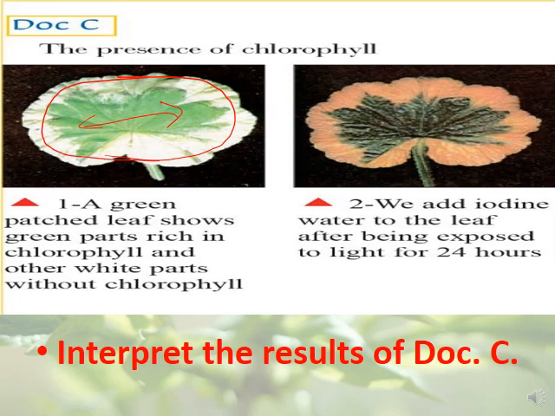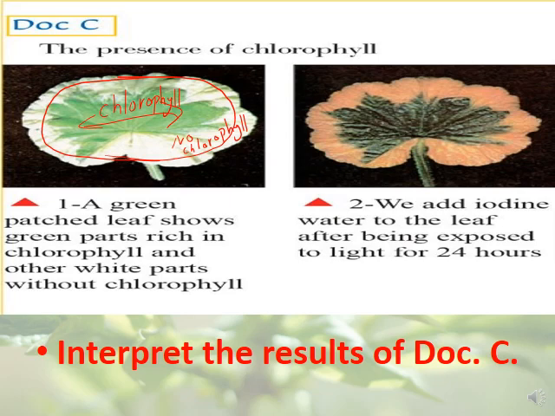So here we have no chlorophyll, and here in the green we have chlorophyll. That's why they are green in color. In this experiment, they add iodine water to the leaf after being exposed to sunlight for 24 hours.